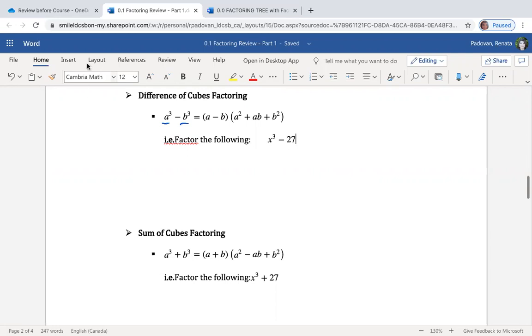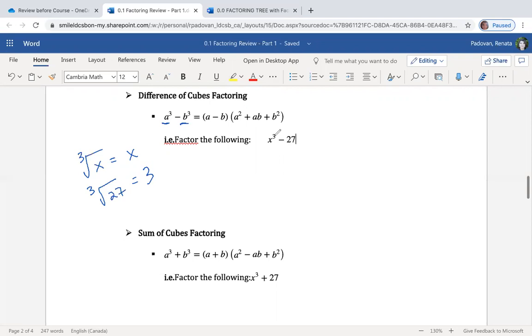So then you can just see, can I take the cubed root of x? Yes, that would just be x. Can I take the cubed root of 27? Which you could use your calculator, or what number multiplied by itself again would give me 27, and that would be 3, right? Because 3 times 3 is 9. 9 times another 3 is 27.